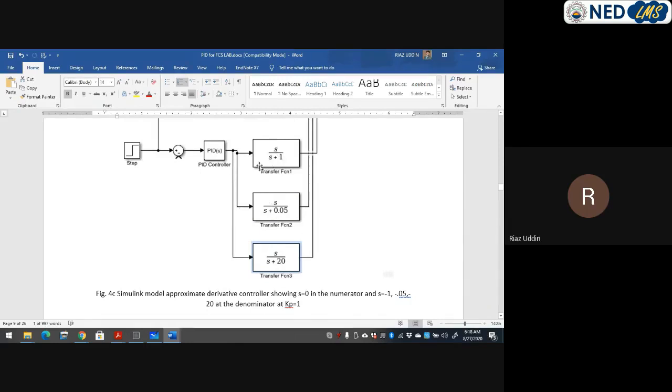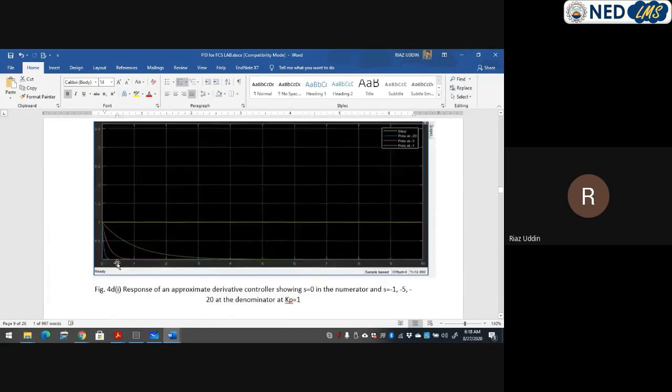You can skip this part, because you can just consider it approximately equal to s. In this part your differentiator is dominant, s is dominant, and you are using a weak pole here. So with a different weak pole, when the differential is dominant, you can see the response.